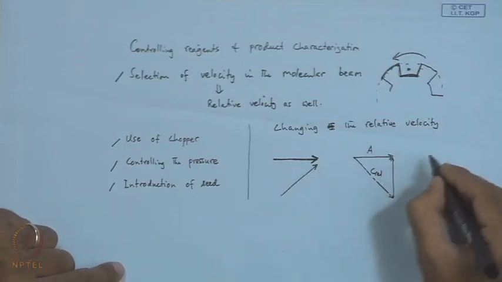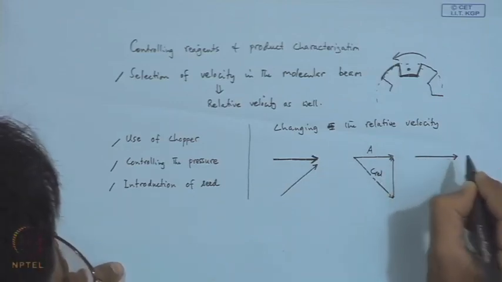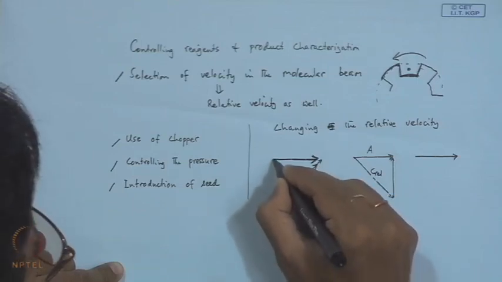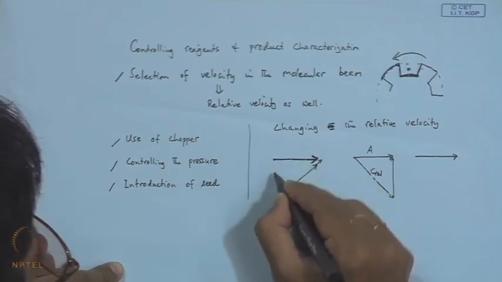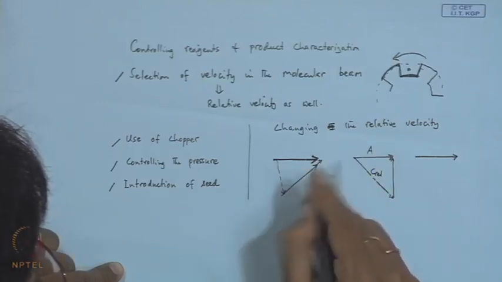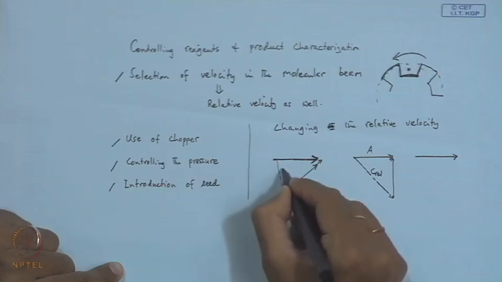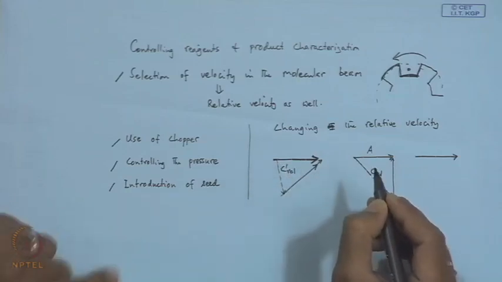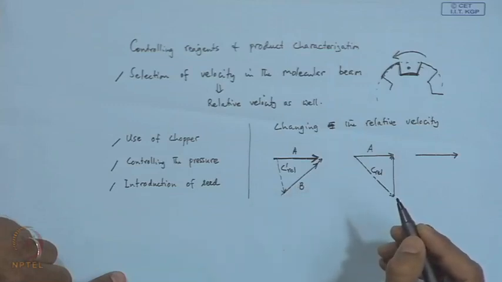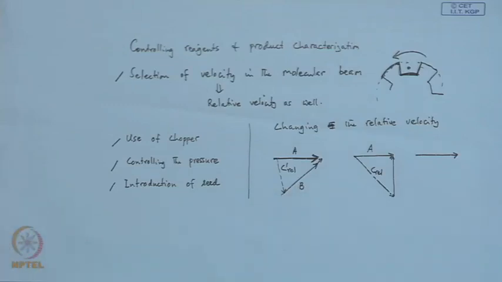In the other case, say A is remaining like this, and your relative speed has now changed, like somewhere here. If you keep the length fixed, this is your C prime relative. So, this is your A, and say this is your B.